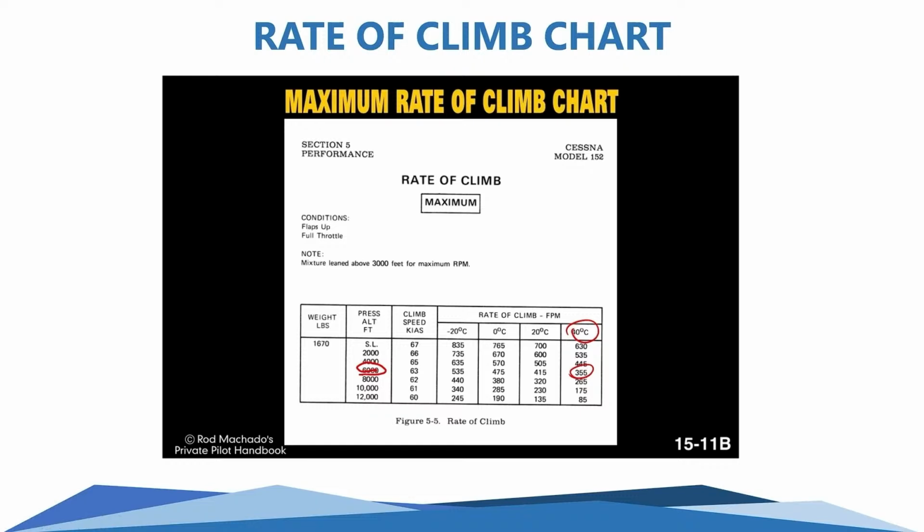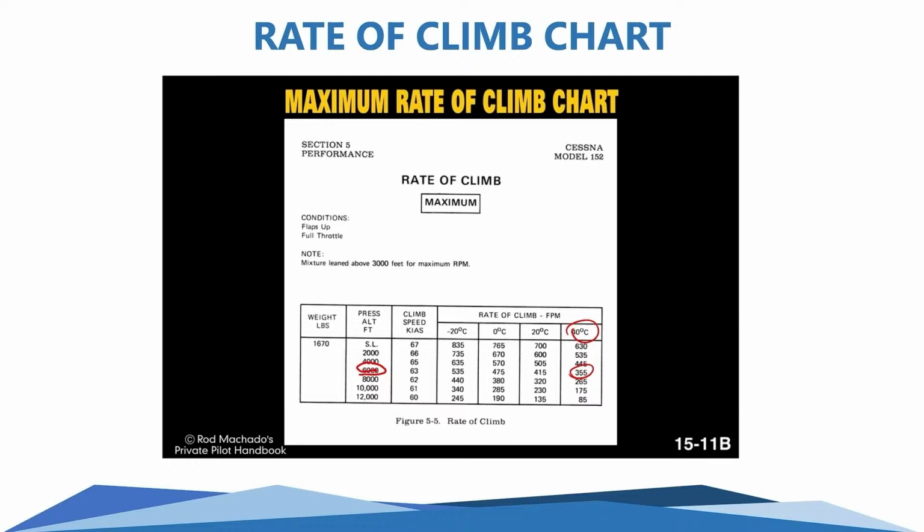In addition, the rate of climb is basic information to determine how well your aircraft is going to perform under certain conditions. You'll also use rate of climb charts far more frequently if you're an instrument pilot, because those charts dictate the minimum rate of climb for certain procedures.